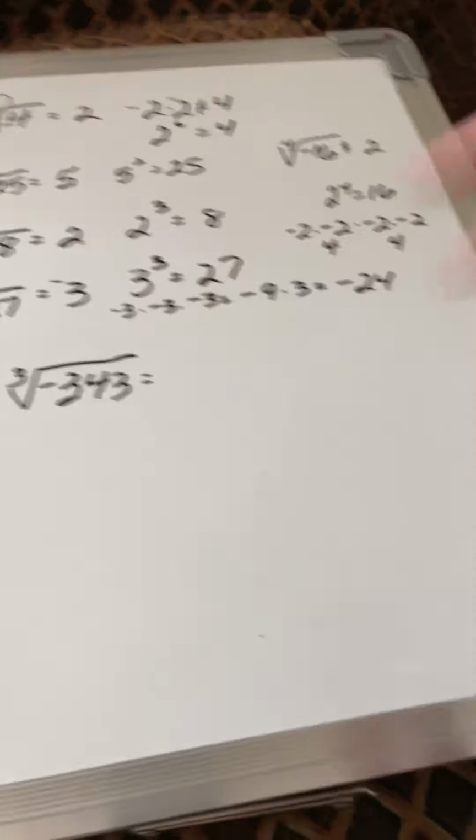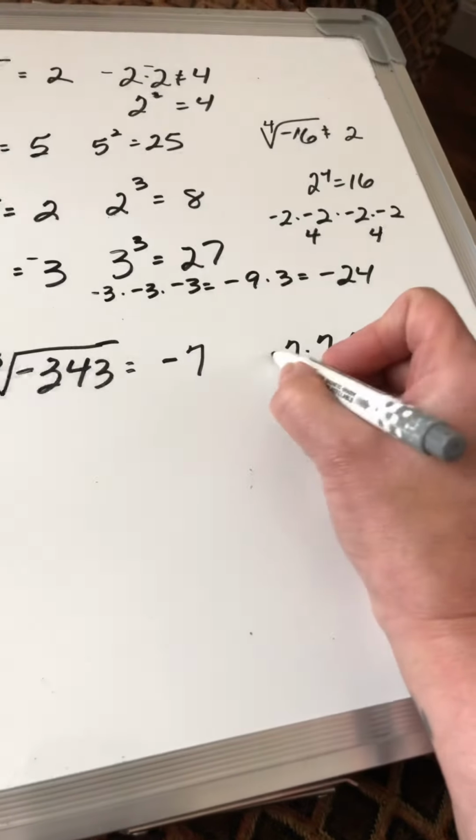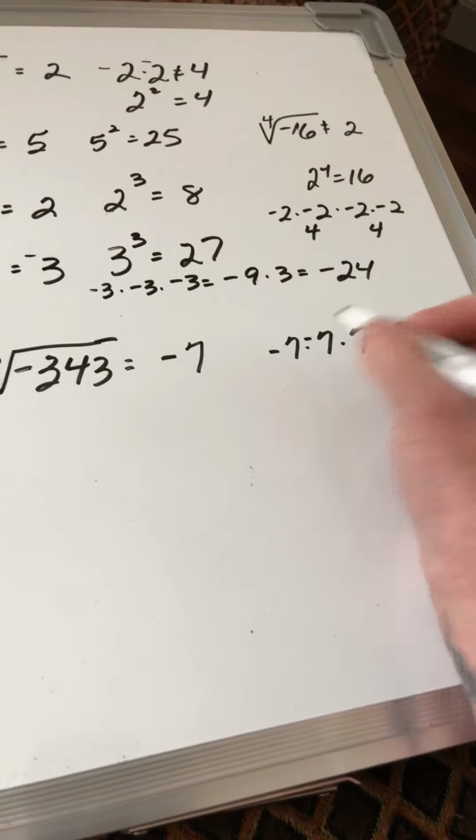So the cube root of 343 is 7, because 7 times 7 times 7 is 343. Well, the cube root of negative 343 is negative 7, because check it out. Negative 7 times negative 7 times negative 7 is negative 343. Yeah?